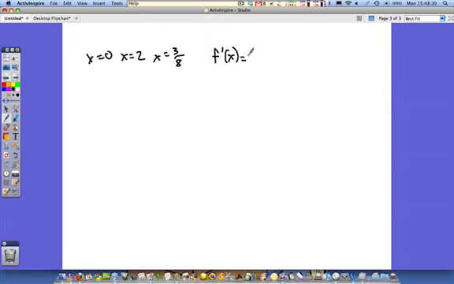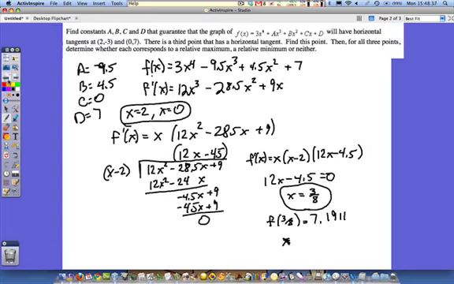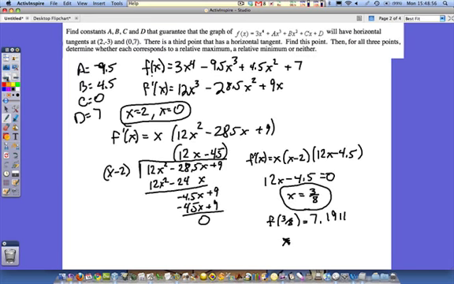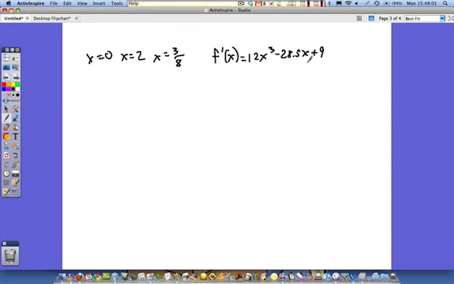The first derivative equals, let me go back a screen here so I can check it again. It is 12x cubed minus 28.5x squared plus 9x. Let's just check that and make sure. Plus 9x, I forgot the x, and that's a squared.